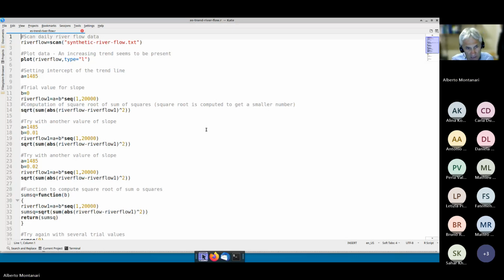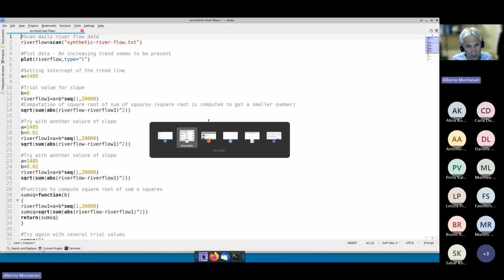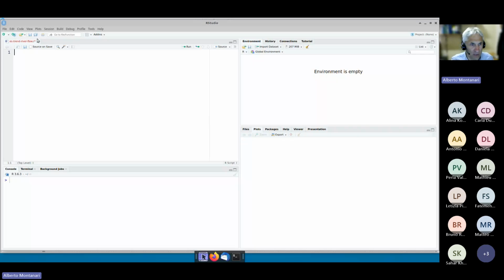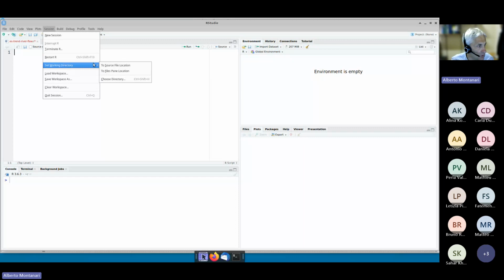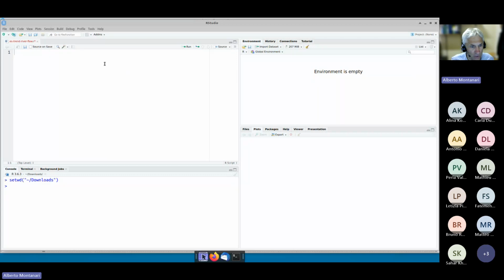So let me go to RStudio and let me open. I need to set the working directory where I downloaded the file, to source file location. Perfect.